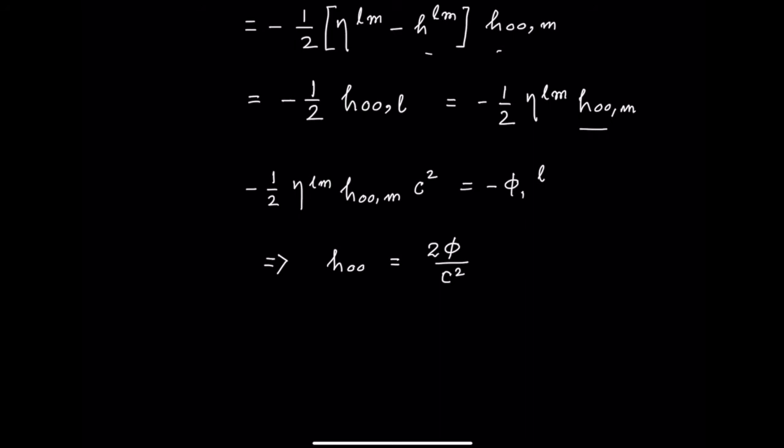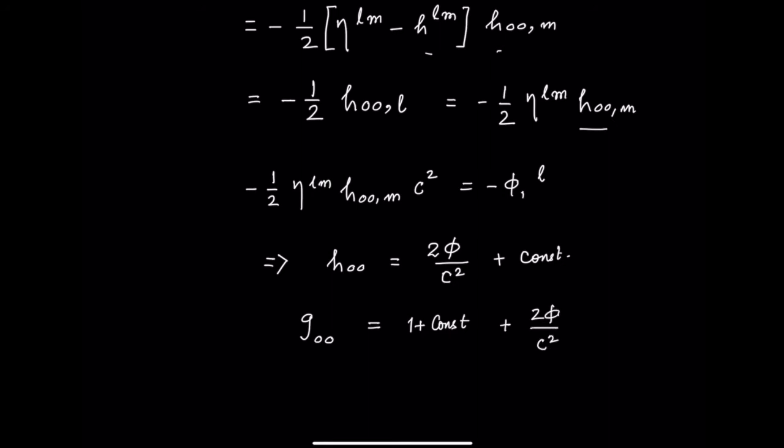I should have added a constant here, but you already know that the constant is 0. Because if the constant is anything other than 0, then your metric, so let's write the constant. So let's say it's a constant. Then you see the g00 term of the metric becomes 1 plus constant plus 2 phi by c squared.